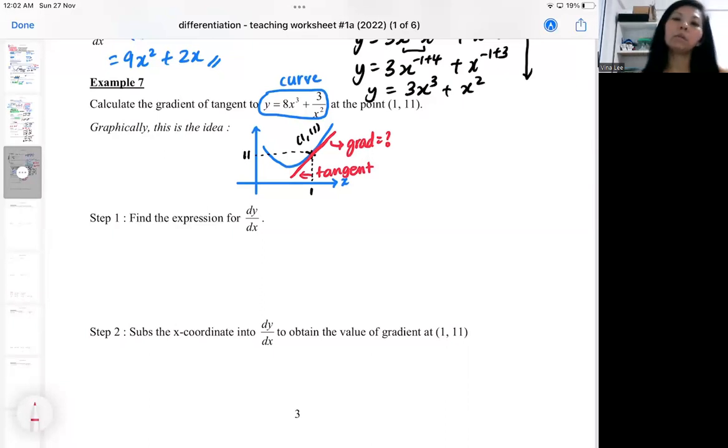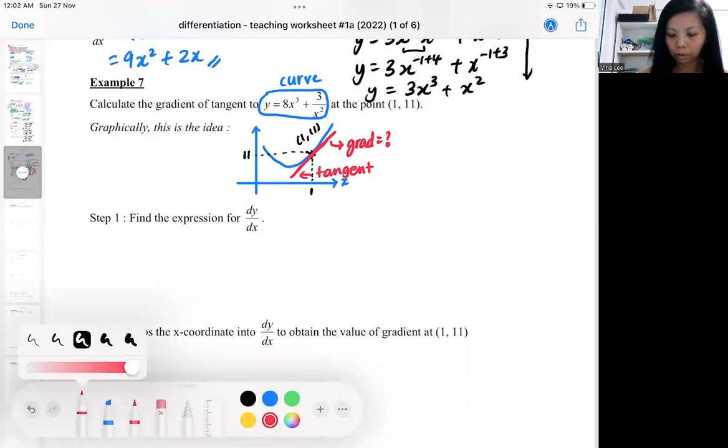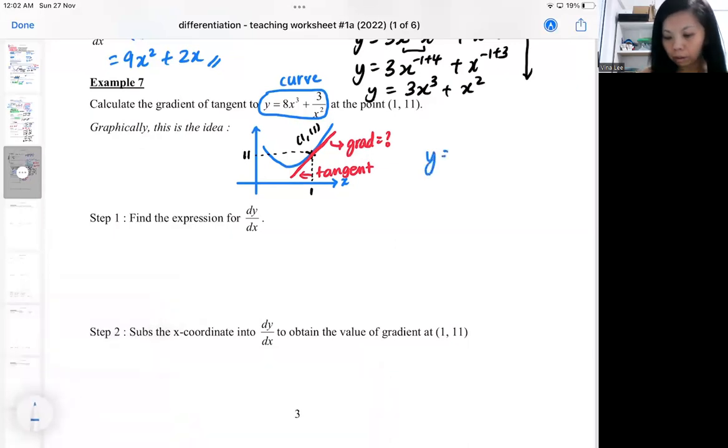So the first thing to do, of course, is to find my dy dx. To find your dy dx, you have to observe your expression for y. This first term is already ready for differentiation because x and the number are already side by side.